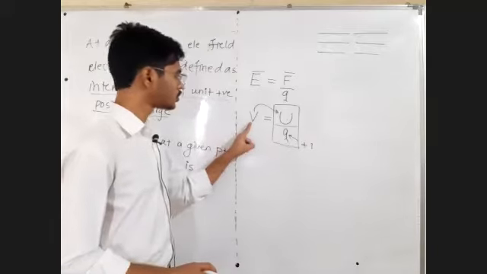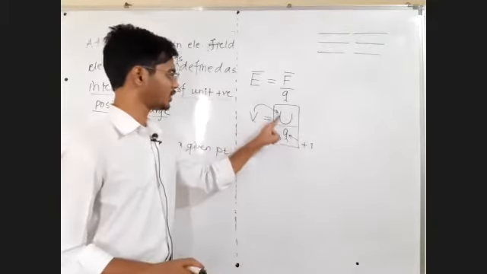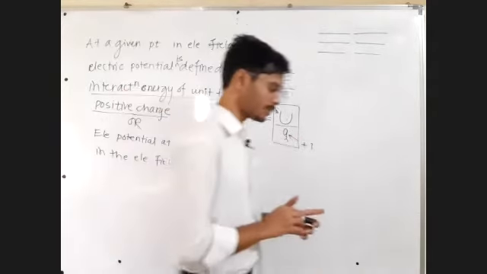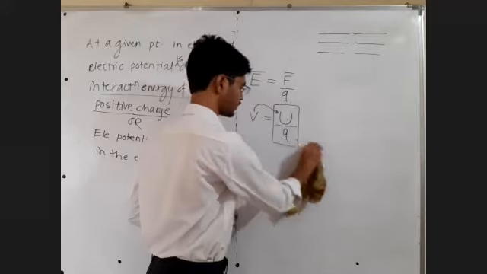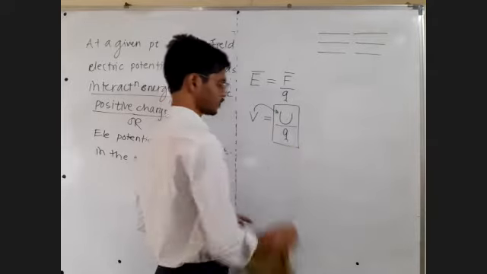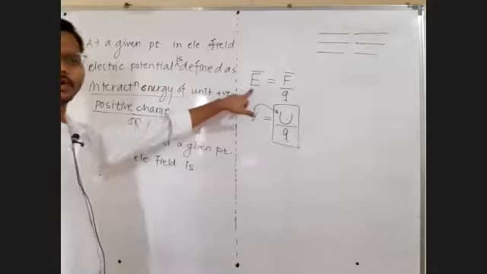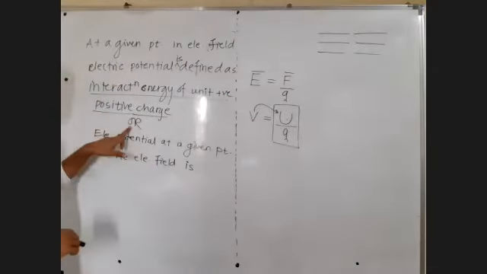The unit of U and the unit of V are different, but they can be numerically equal if charge is 1 coulomb. But if the charge is not 1 coulomb, in that case, you have to divide it by Q. Okay, sir. Got it. Fine. Electric field is a vector quantity. Electric potential is a scalar quantity. All right. Second definition.